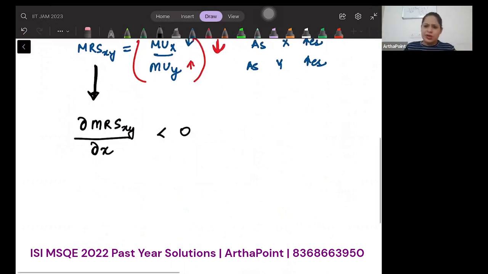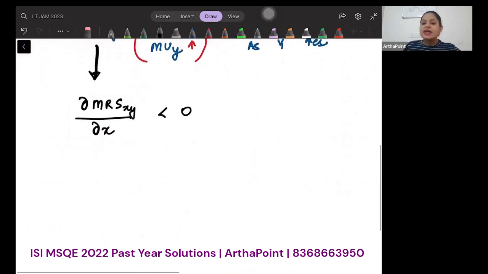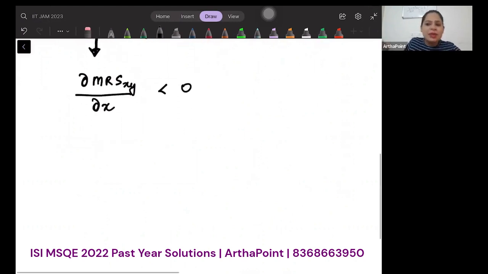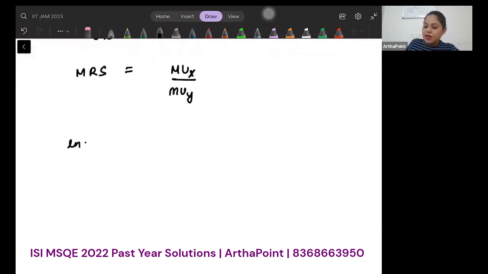Now what can I do? I can use the formula that MRS is MUX by MUY, and let's take log on both sides. So ln MRS will be ln MUX minus ln MUY.